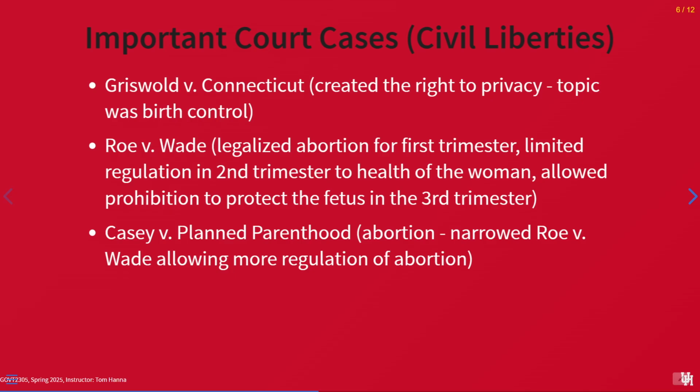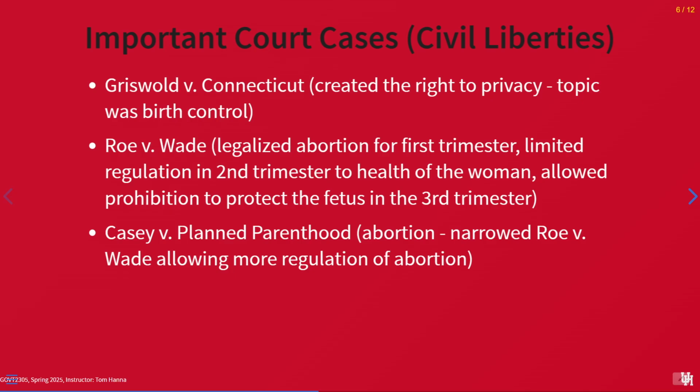And Roe versus Wade legalized abortion for the first trimester, limited regulation in the second trimester to protecting the state's interest in the health of the woman. That's not a civil liberty. That's a state interest. It allowed prohibition to protect the state interest in the fetus' life and health in the third trimester. So that's also a state interest.